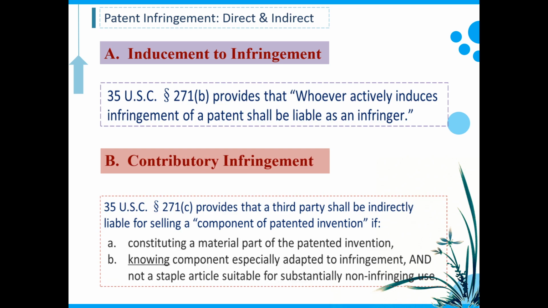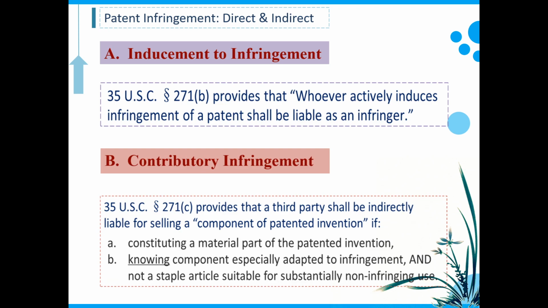In addition, there is a rule to exclude those who are selling stable articles, or selling items which could be used as part of the patented invention, but which could be used for substantially non-infringing use.